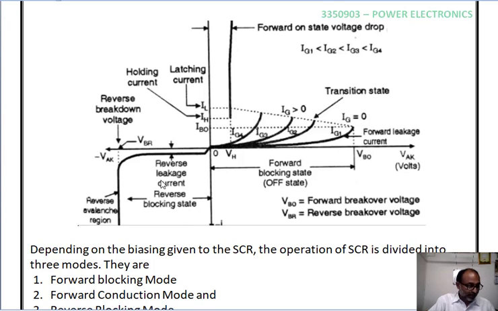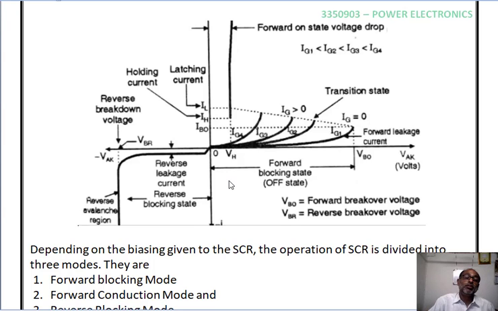Now third, reverse blocking mode. In this type of mode, the cathode is connected to the positive supply with respect to the anode.